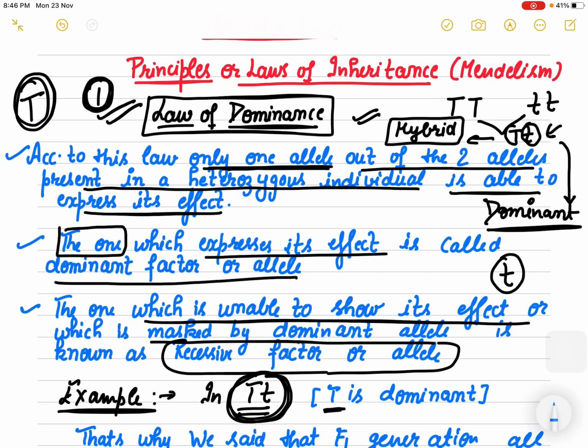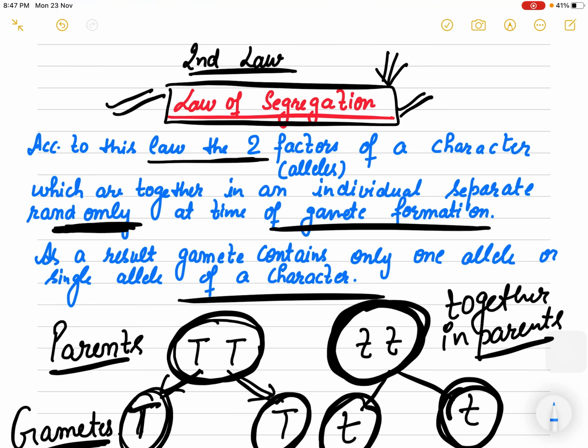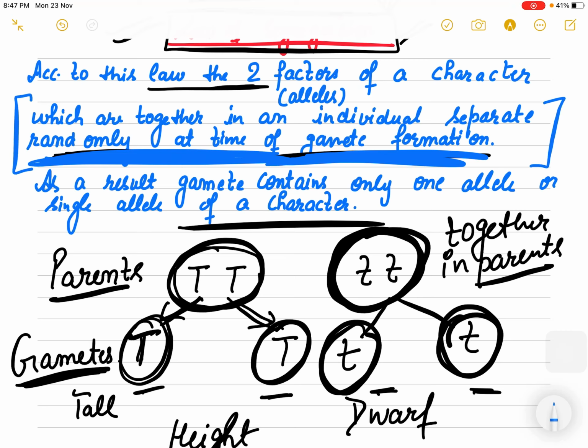The one that is dominant will express, and there are two alleles which get separated randomly at the time of gamete formation. This line you must write in the exam, compulsory. You have to write down this line.